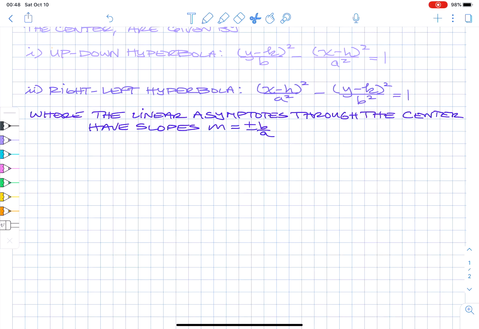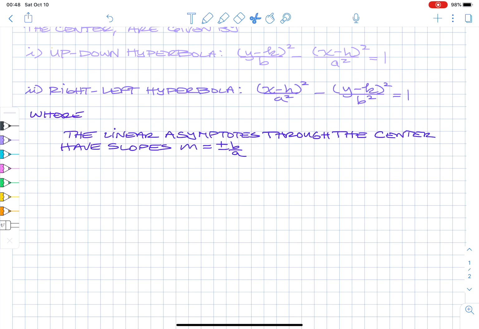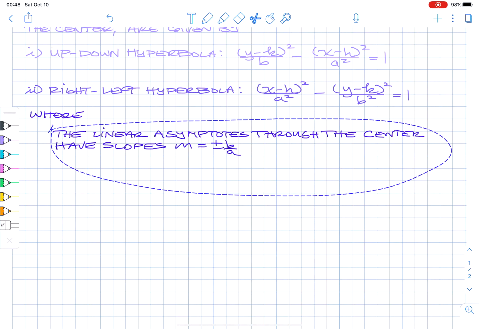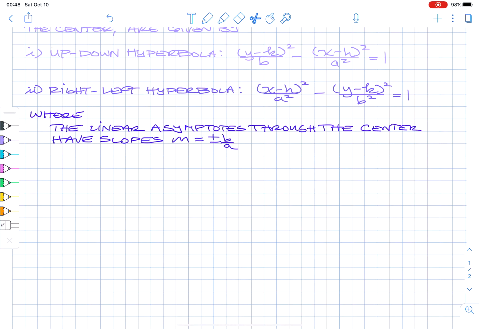Let me move that down because it seems a bit too close to the definition above. Let's see if I can move this to where it's aligned. Okay, so where?